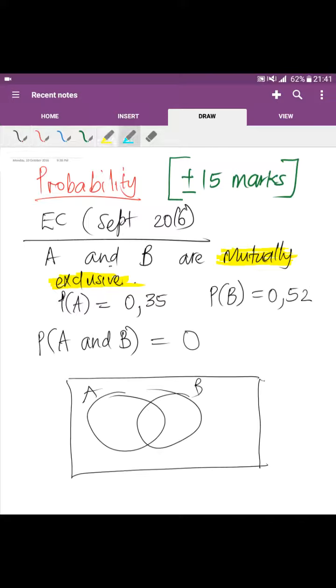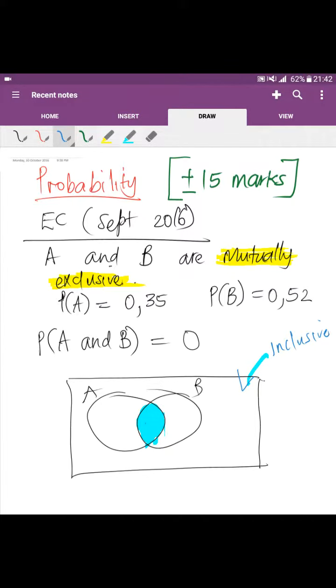Why? Look at this part. This is where both your events meet. So there is an intersection, and I wouldn't say these events are mutually exclusive. Since they have an intersection, they are inclusive.